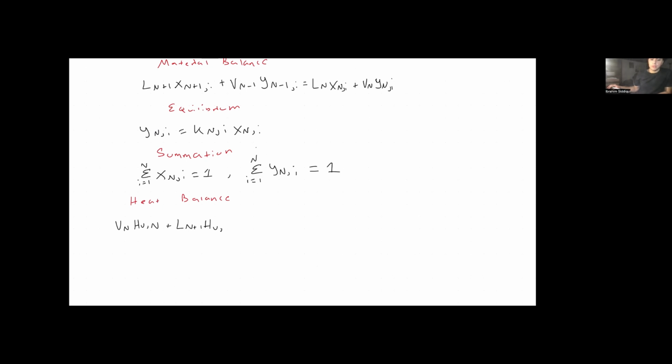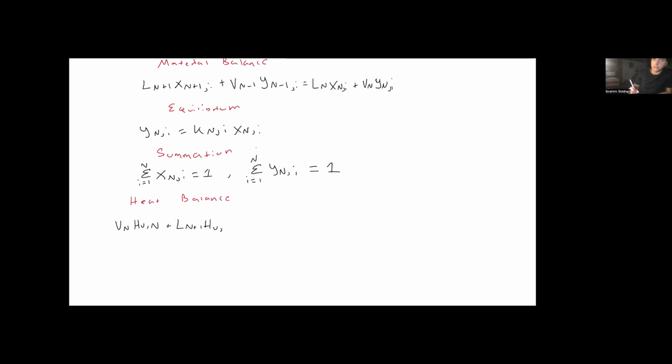I'm going to go ahead and look at my notes real quick. Okay, yeah, so this is going to be our liquid enthalpy at stage n plus 1 plus our Qn in this case at stage n.